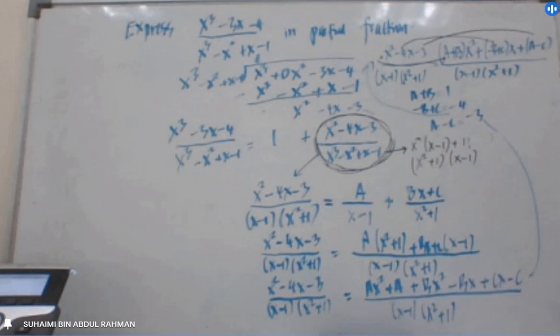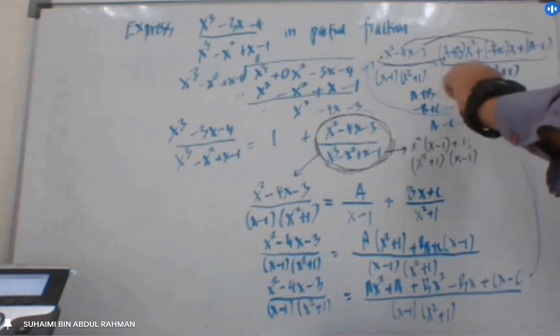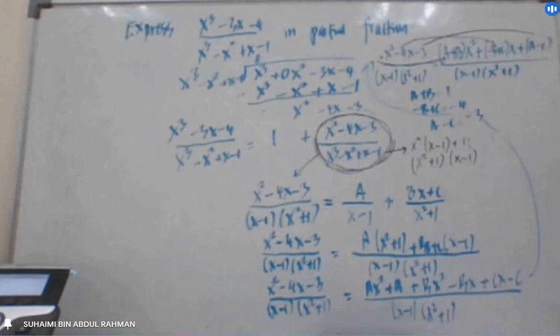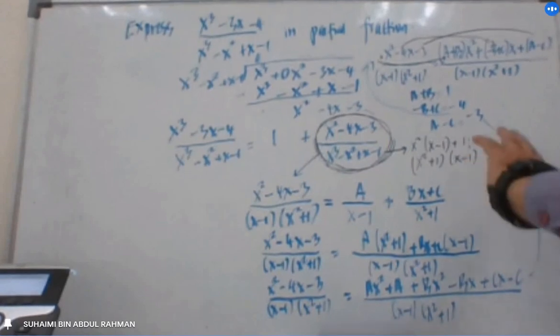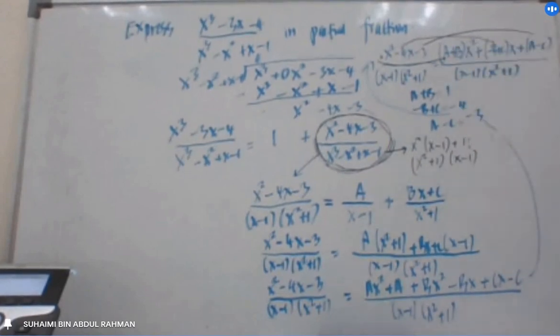Then we go to the last step. The last step is to find A, B, C. In some cases maybe A, B, C, D, or maybe A, B, C, D, E, F. But here, lucky that it is only up until C. We need to find A, B, C using simultaneous equations.